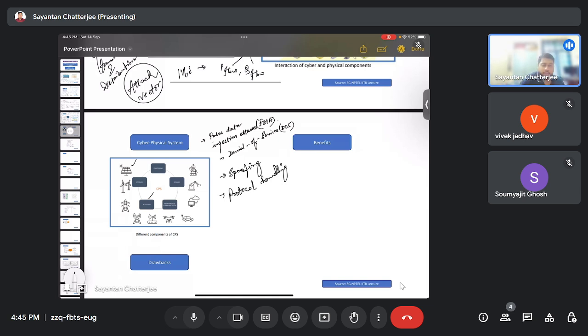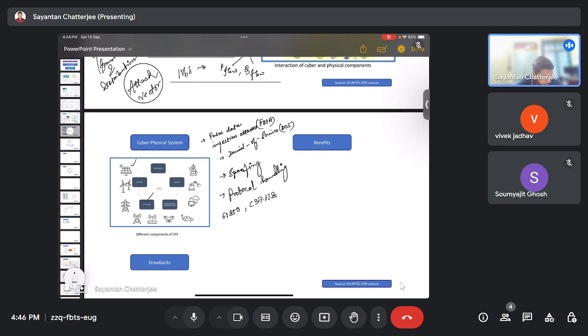There are multiple protocols taking care of each and every equipment or data transfer from each and every equipment. There are protocols like 61850, which takes care of the RTUs, or we can say SCADA, remote terminal units, communication. For PMU, we have C37.118.